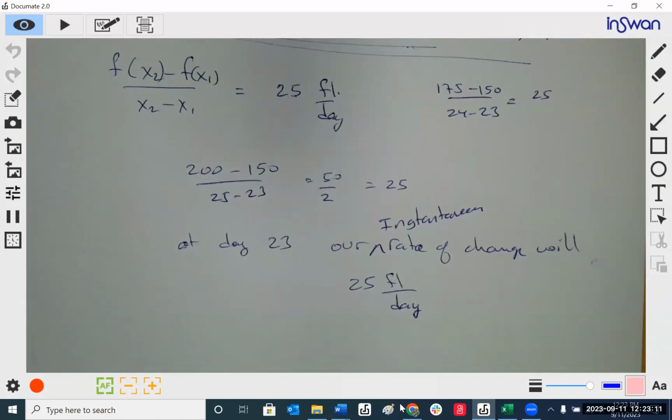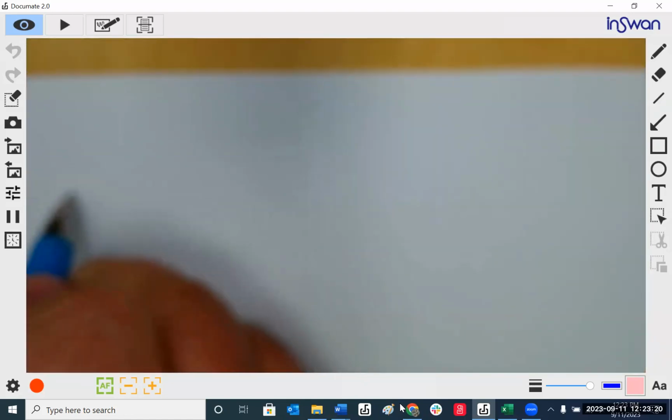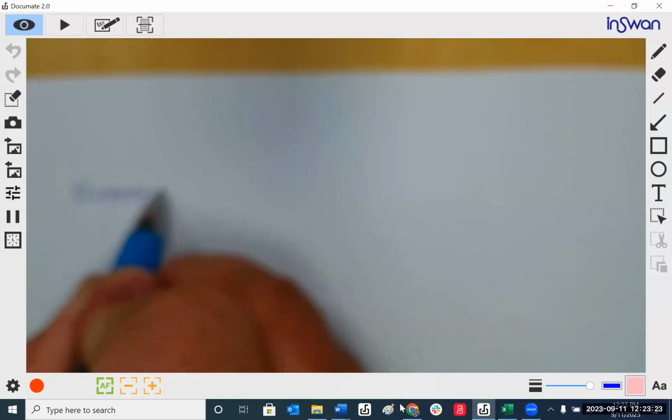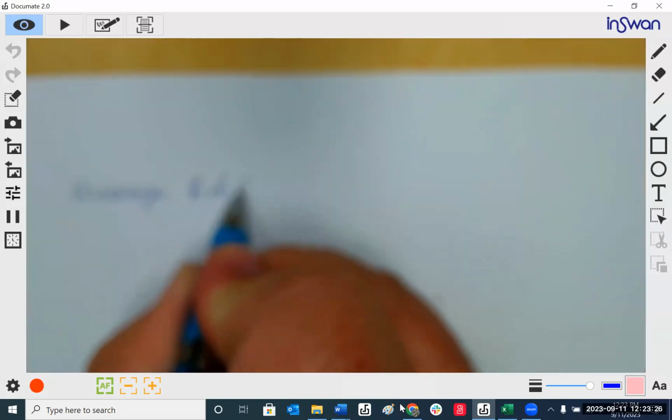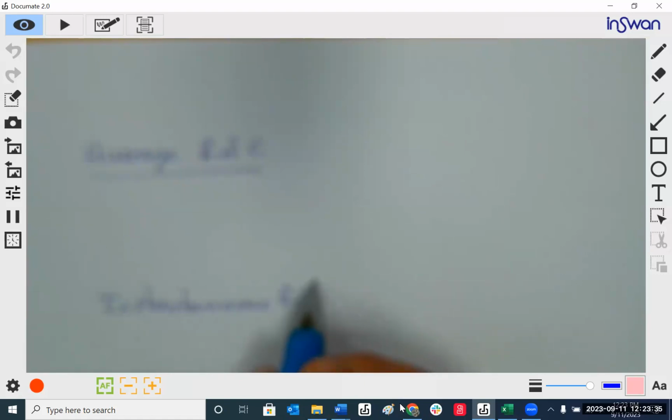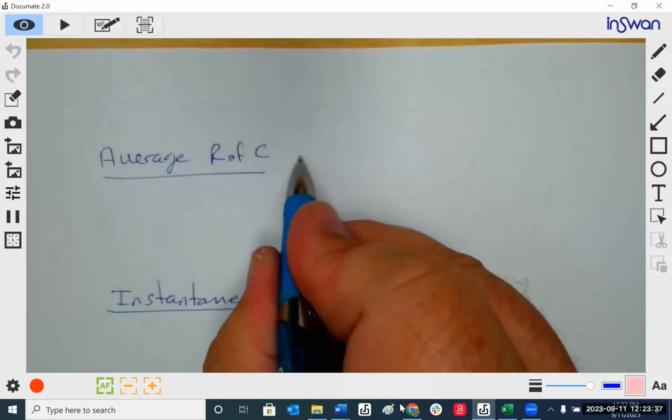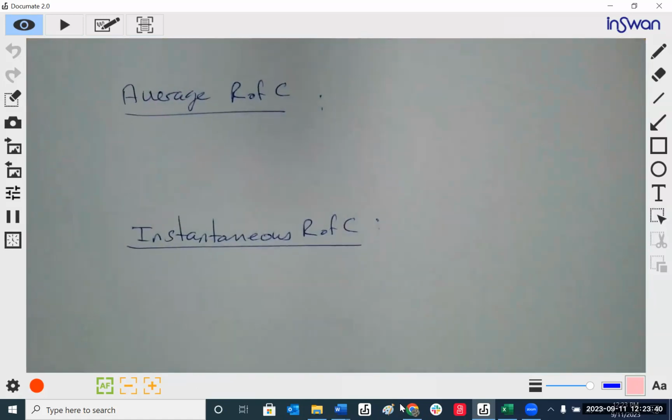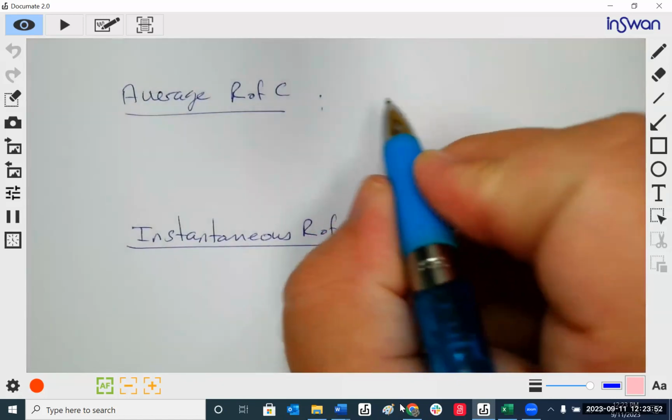So that's section 1. To summarize it: average rate of change versus instantaneous rate of change. What's the difference? It's taking it over the entire data.